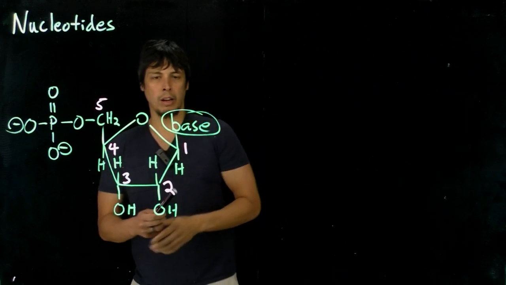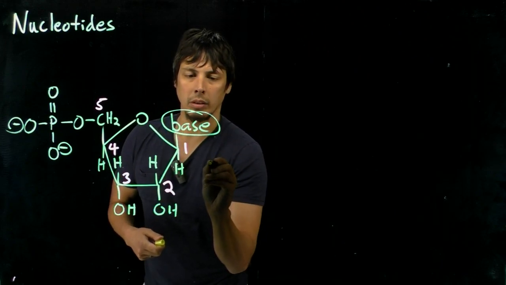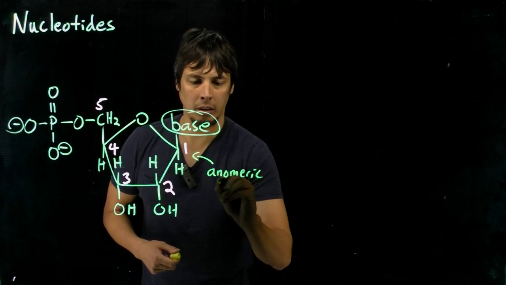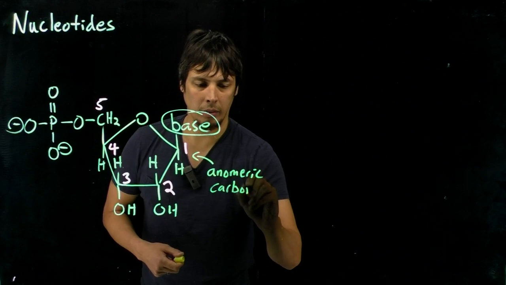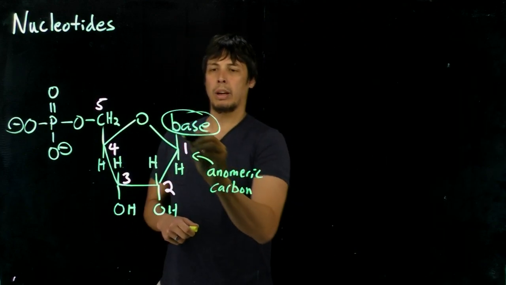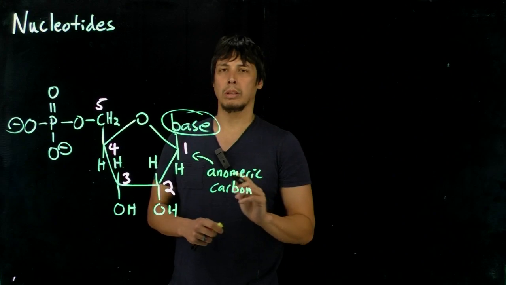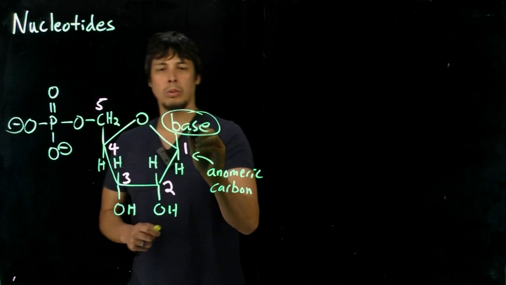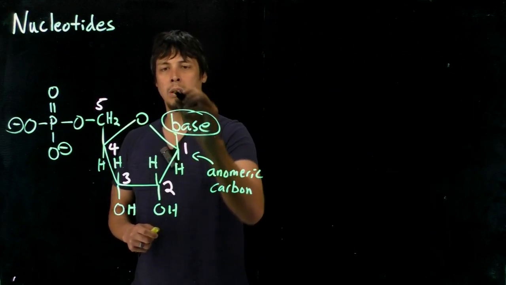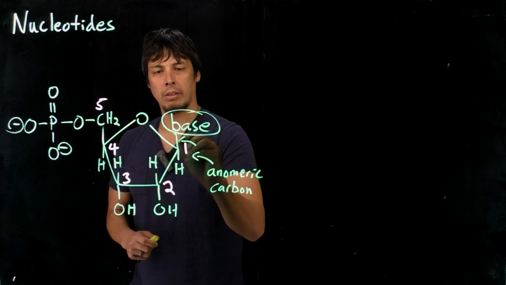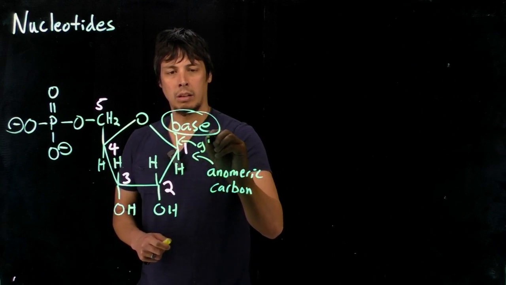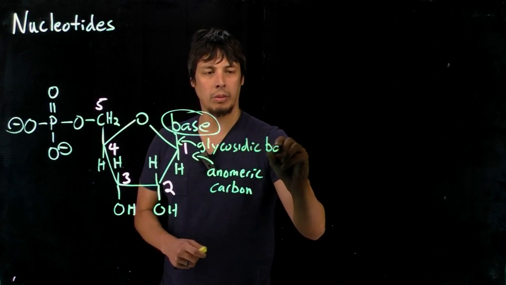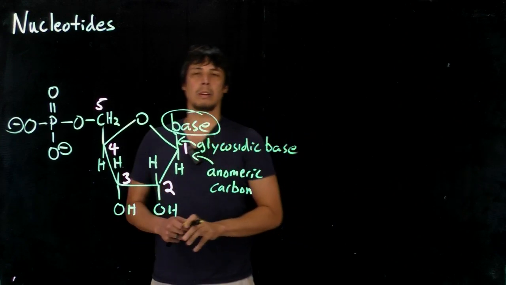So we have our anomeric carbon here, but instead of an OH group, we have a nitrogenous base, which we'll get to in a second, about what the structure of that is. So we have a nitrogenous base here, and we also have a glycosidic bond between the ribose sugar and the base.